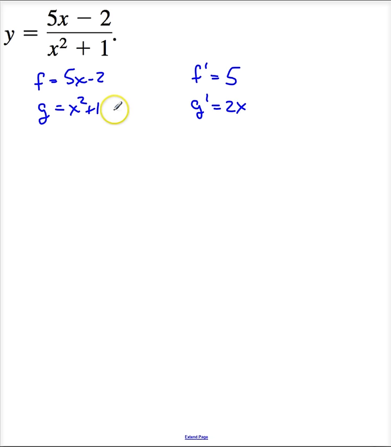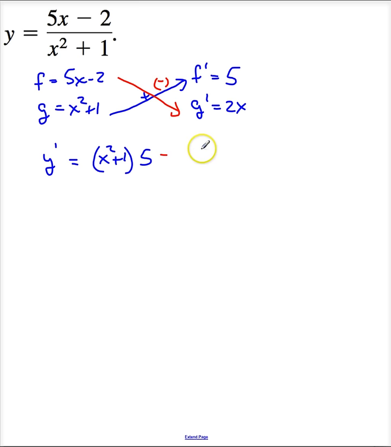Now, to remember the formula, it's g, f prime, and it's plus because it's going upwards. So this is x squared plus 1 times 5. And then it's minus, you always cross, minus 5x minus 2 times 2x.